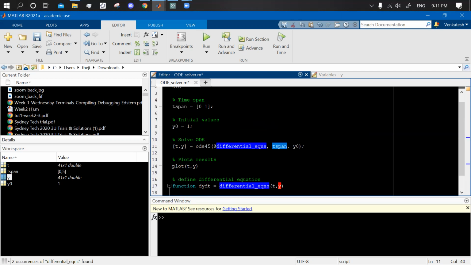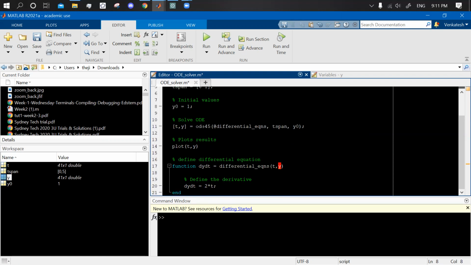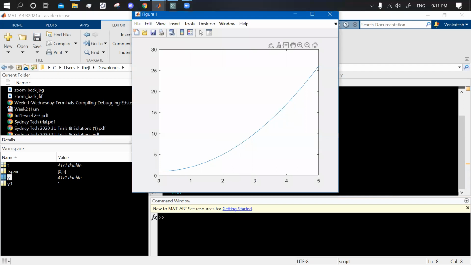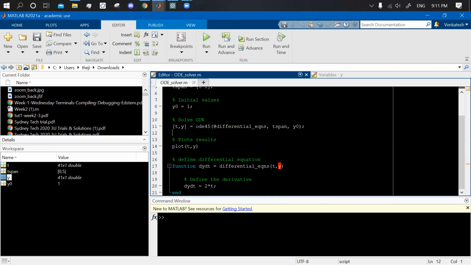Second comes your time span, however long you want to simulate for, and then your initial value. That's just how the syntax is, and then it will automatically solve it depending on what differential equation you give it, and it will give you t and y. And then when you plot it, it just produces the output that you need.